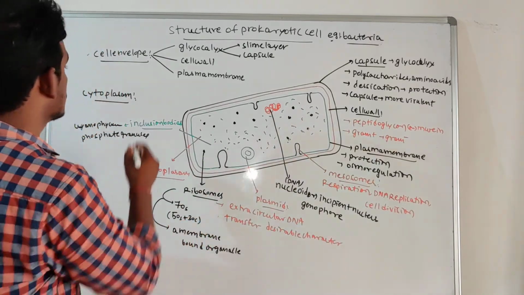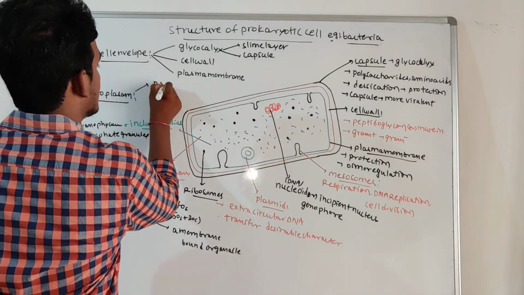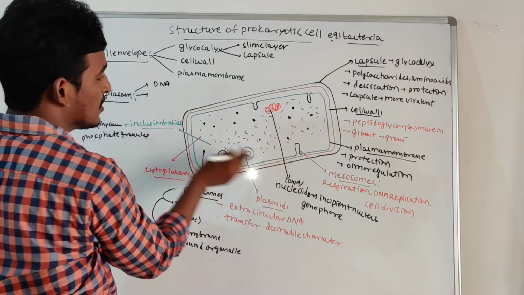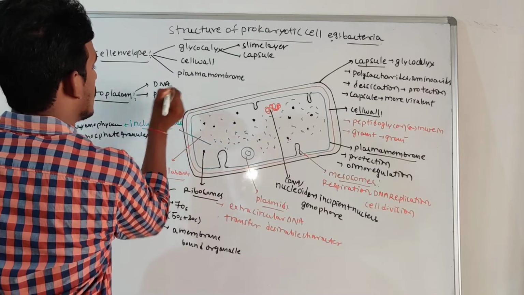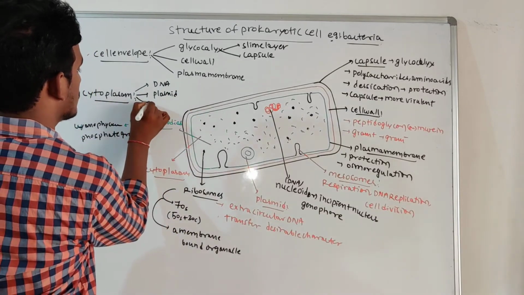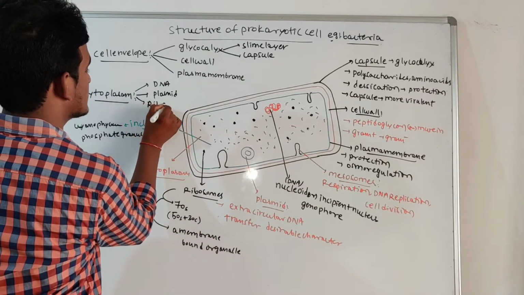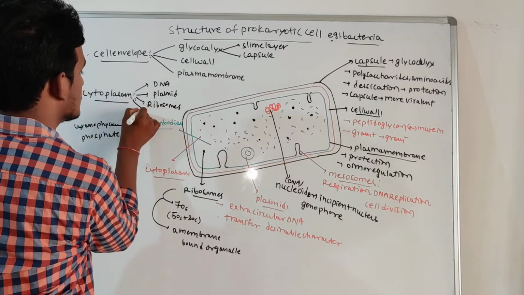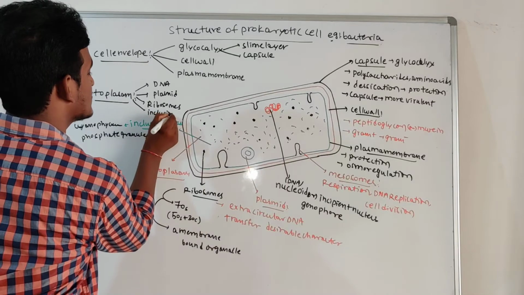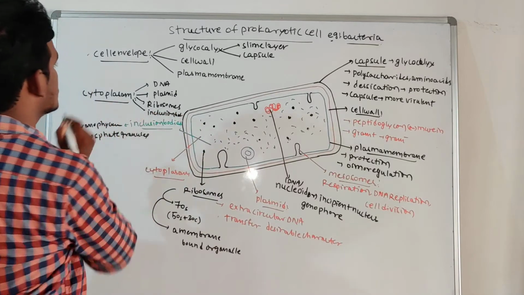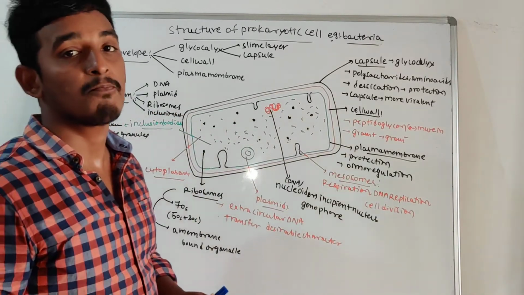What is present in the cytoplasm? You will find DNA, and along with the DNA you will find plasmids. Along with it, 70S type of ribosomes, and inclusion bodies also, right? These are all present in the cytoplasm.